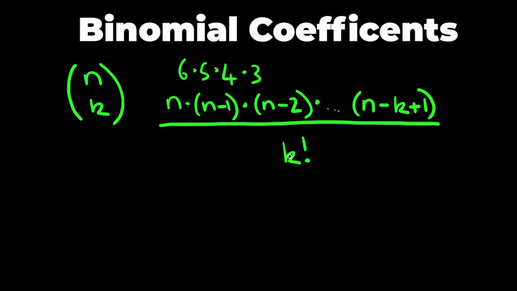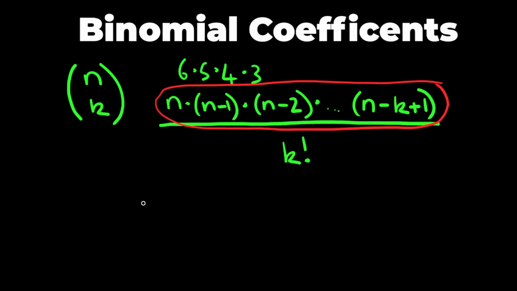You can sort of see that this looks kind of like a factorial as well. This section here looks a bit like a factorial. And so if we wrote it out as a factorial, we would have n factorial divided by n minus k factorial.